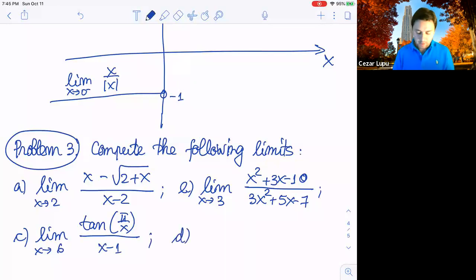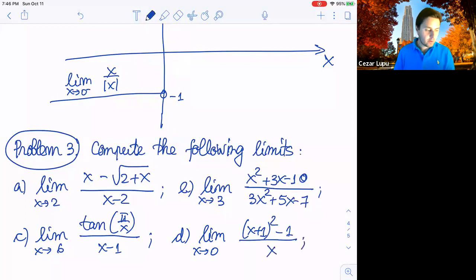And D, this will be the limit as x approaches 0 of (x plus 1) squared minus 1, everything over x. All right, so these are the four examples that I would like to solve.